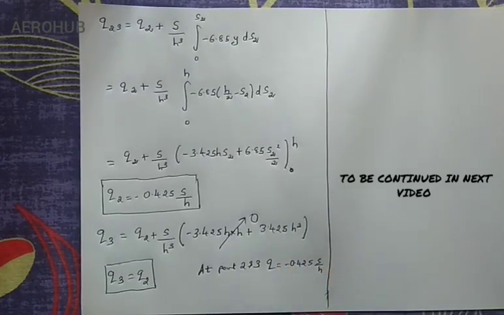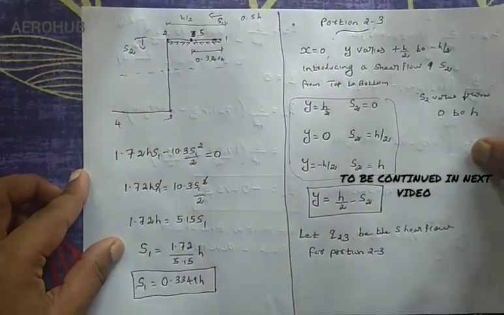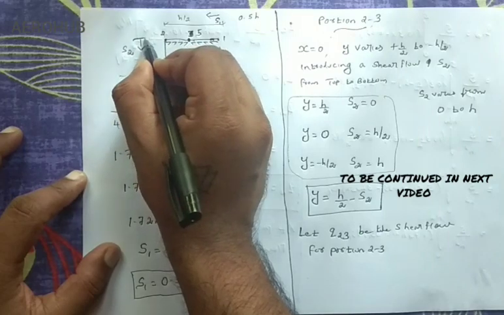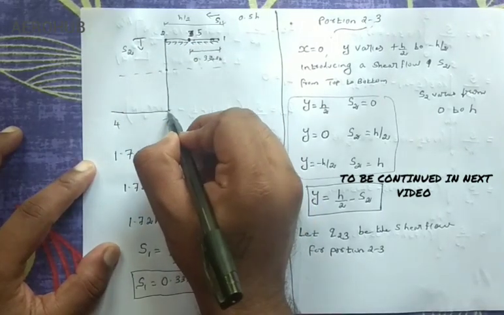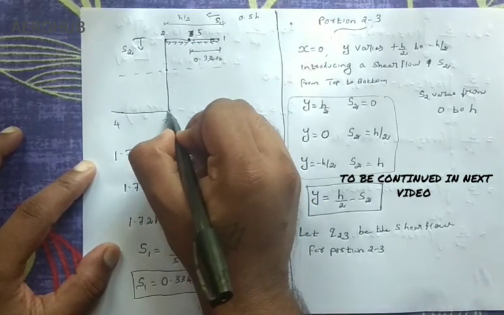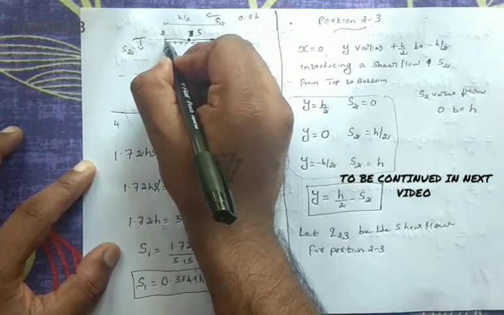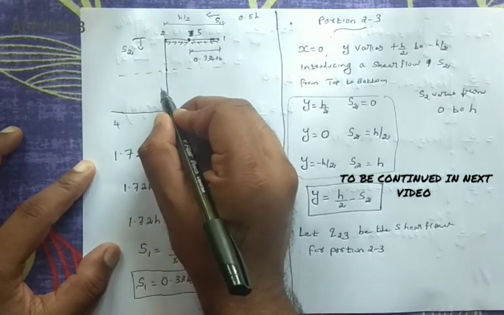Now if you go back to this diagram, the same diagram we used, we assumed a flow from top to bottom. At point 3 we have a negative value, that is, the real shear flow is from bottom to top.